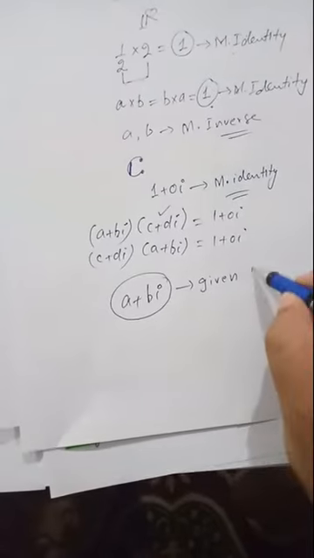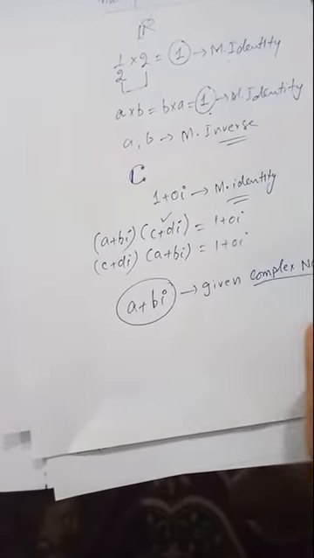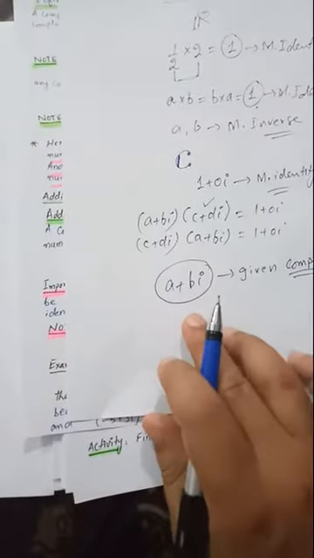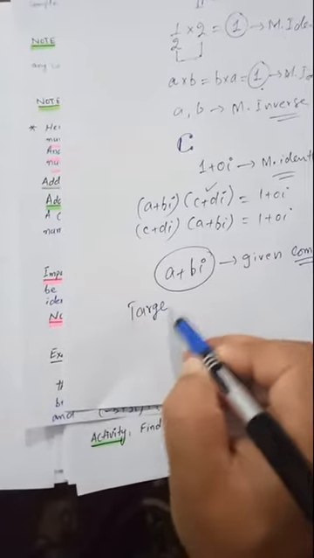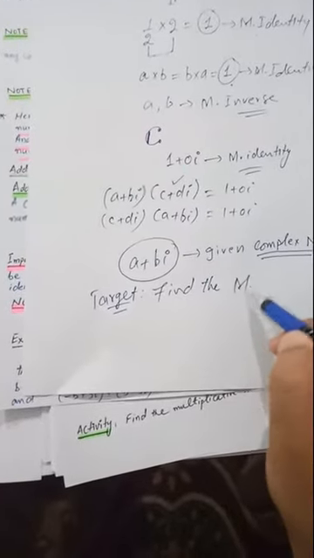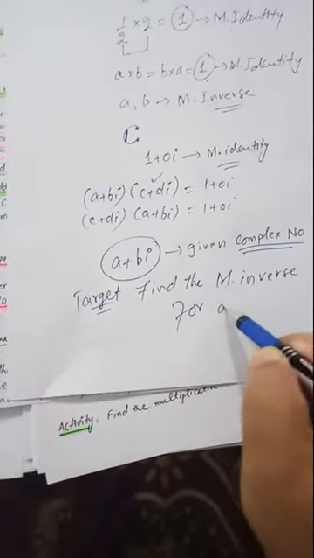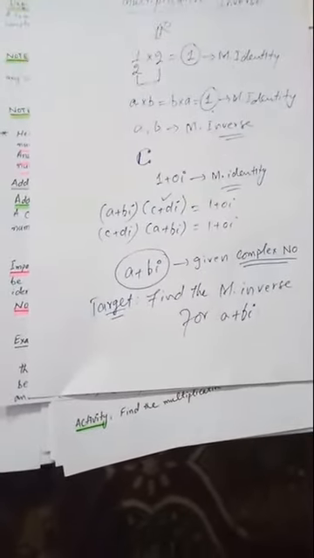This is my given complex number, and my target is to find the multiplicative inverse for a plus b iota. So remember, the multiplicative inverse will also be a complex number.